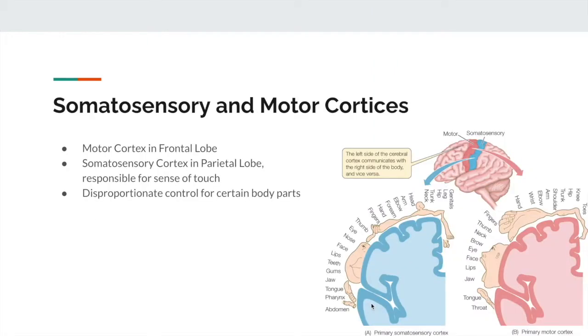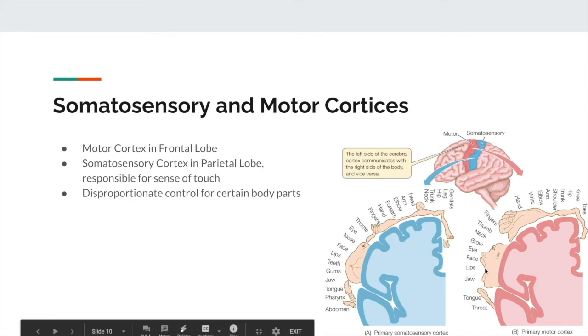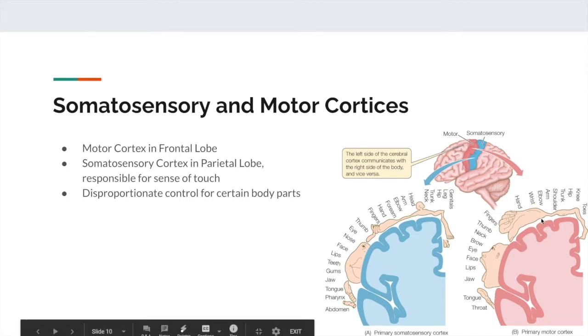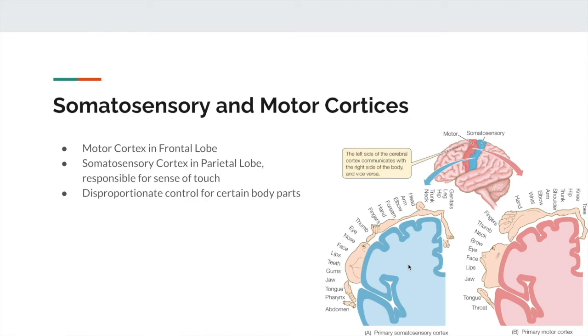And so now we're going to be talking about the somatosensory cortex and the motor cortices of the brain. So I briefly talked about the somatosensory cortex. This is located in the parietal lobe of the brain, and the motor cortex is located in the frontal lobe of the brain. So this is a diagram of the frontal lobe, put in a different perspective, and this is that same thing, except it's the somatosensory cortex.